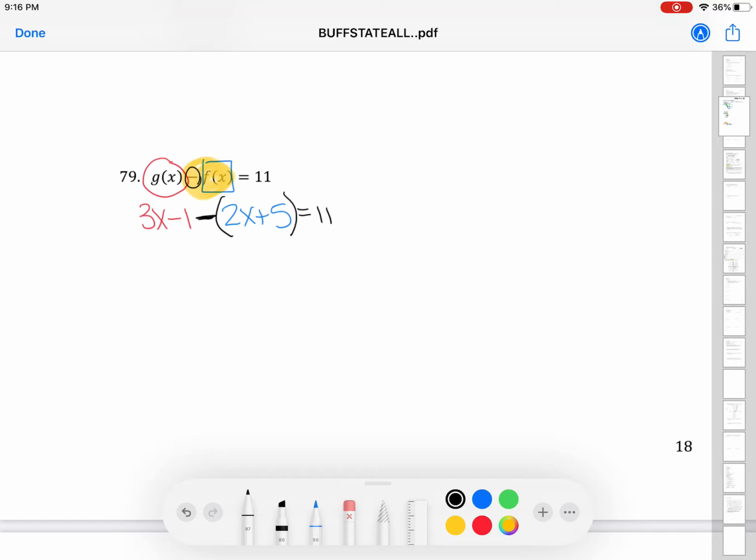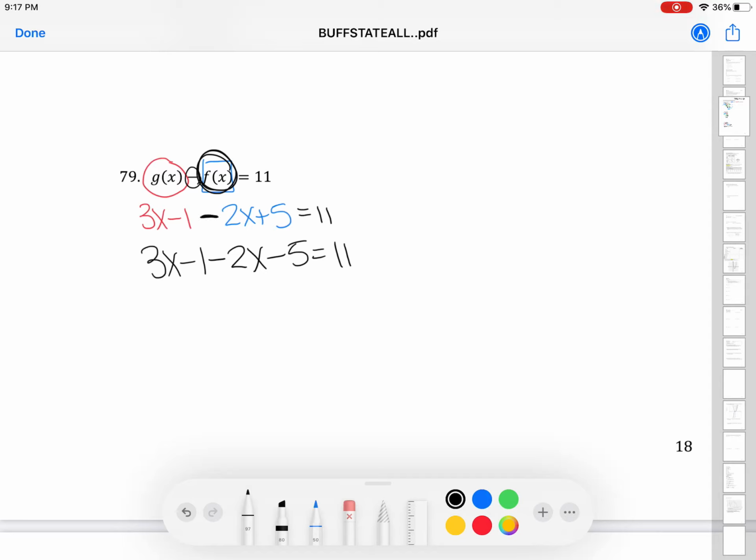So what I mean by that, it's almost like the distributive property in a way. You're subtracting every portion of f of x. So there's two ways to look at it. The first way is using the distributive property. If you're subtracting the whole thing, you need to distribute that minus sign through. So you end up with 3x minus 1 minus 2x minus 5 equals 11.